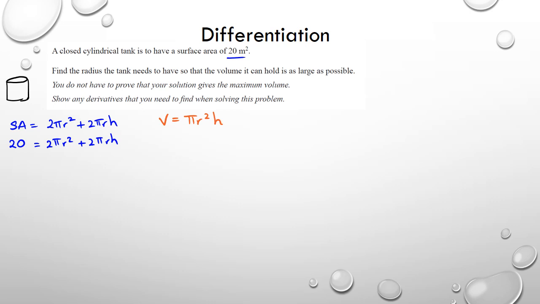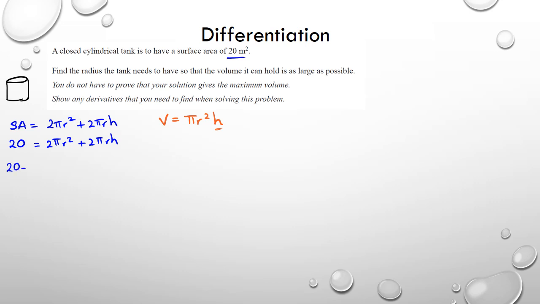So obviously I want to differentiate the volume function, but I can't because of that h. I need to get rid of the h and replace it with r so that I can differentiate the volume. To do that I go back to my surface area, the blue equation here, and rearrange so h is by itself.